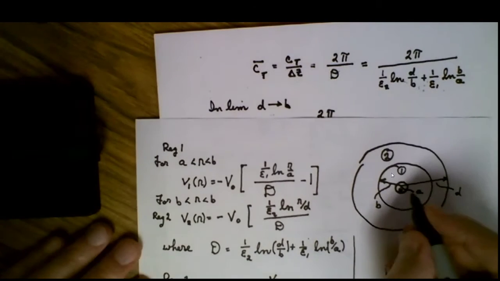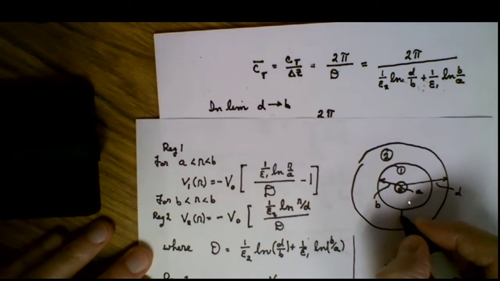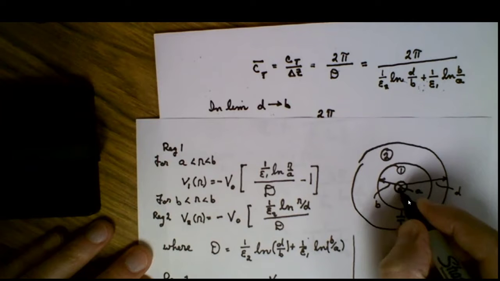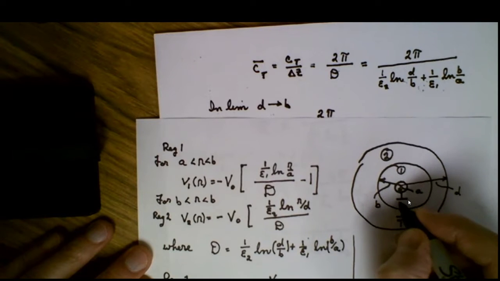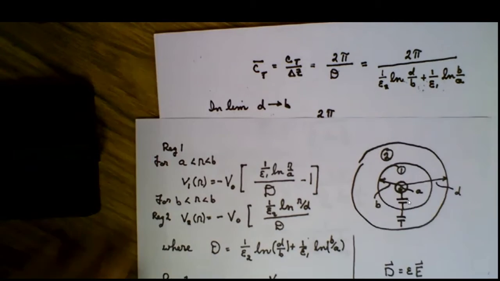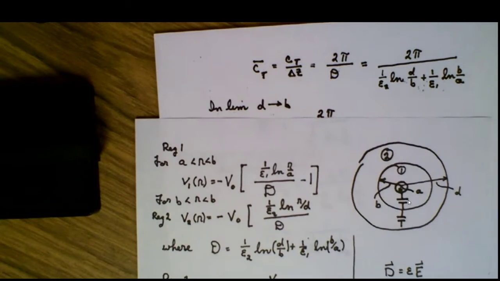If we go back to our original diagram, we can see that this represents a capacitance, and this represents a capacitance. Oh, in series. And they are in series. Now this is something I didn't cover in class, and I should have. That's weird. Why is it weird? Well, at the interface b, we don't have a metal plate.